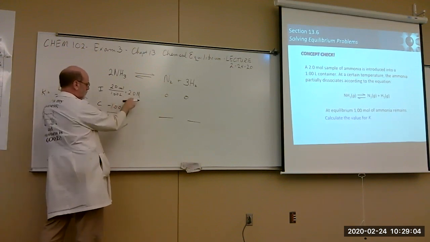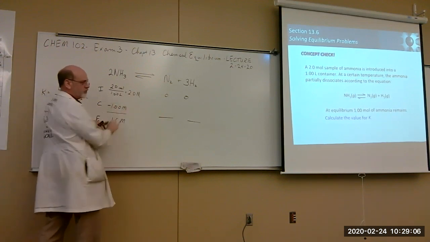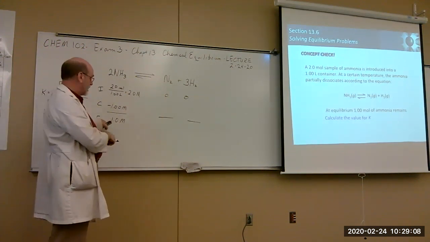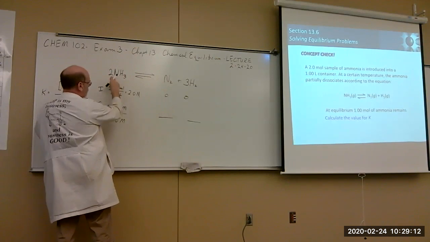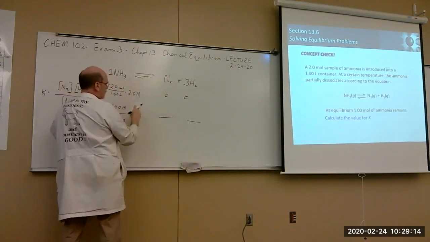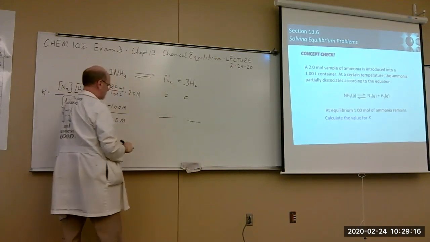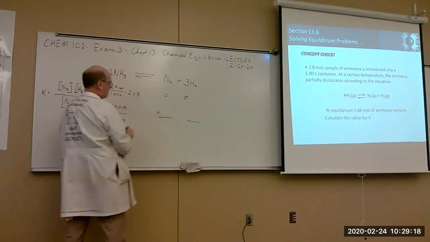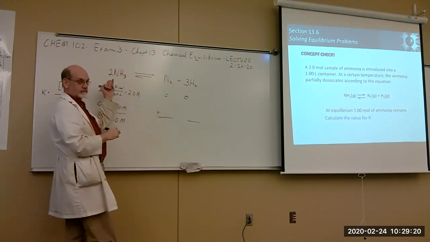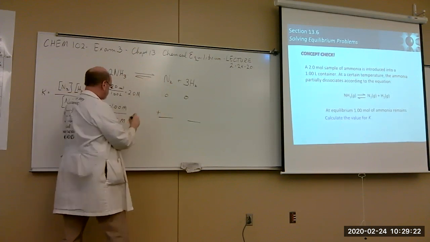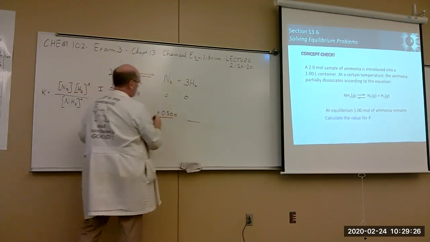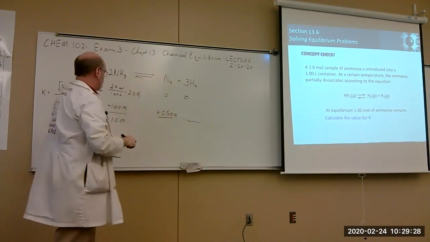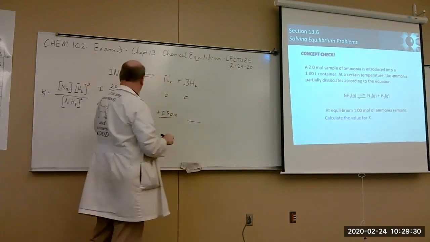So if we got this remaining, then we had to use that much. We start with 2, we're going to end up with 1, we had to use 1 of it. That also tells us how much of this we get. So if the ratio is 2 to 1, how much nitrogen do we get? Half as much, right? Going from 2 to 1, get half as much. And this one is a little different.